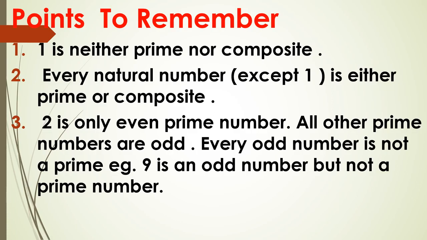It is not divisible by 2, but it is not a prime number, because factors of 9 are 1, 3 and 9. Okay, so except 2, all other prime numbers are odd. But we can't say that every odd number is a prime number. Every odd number is not a prime.